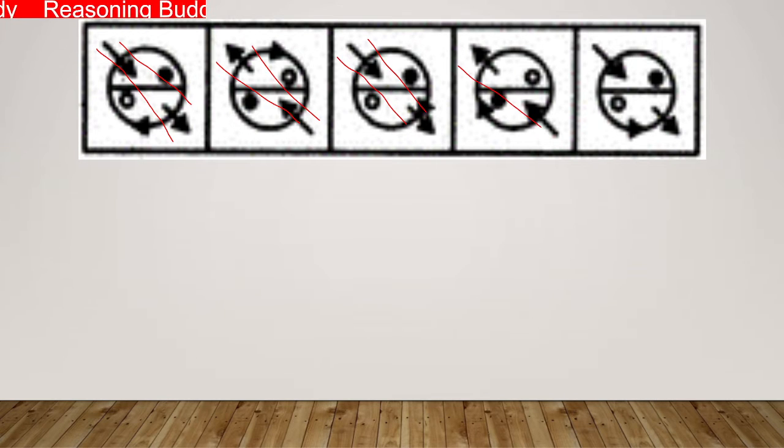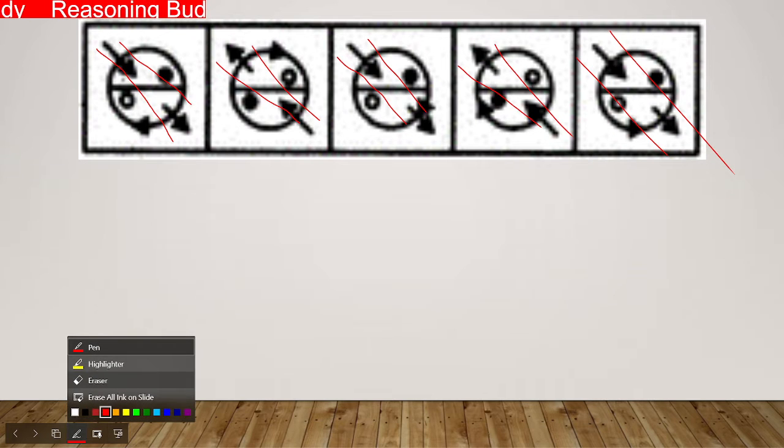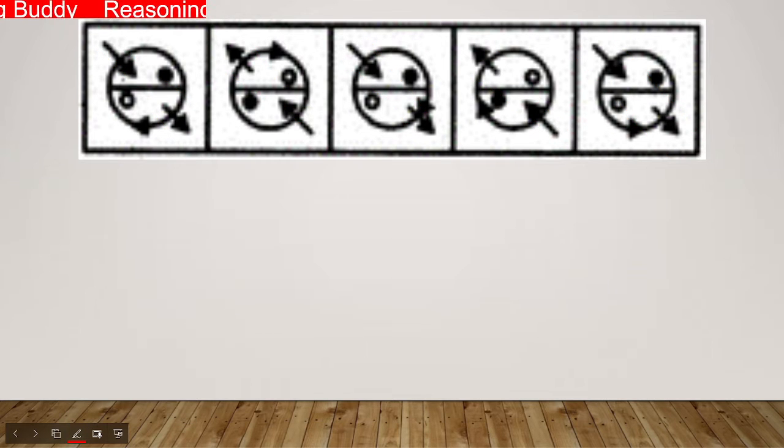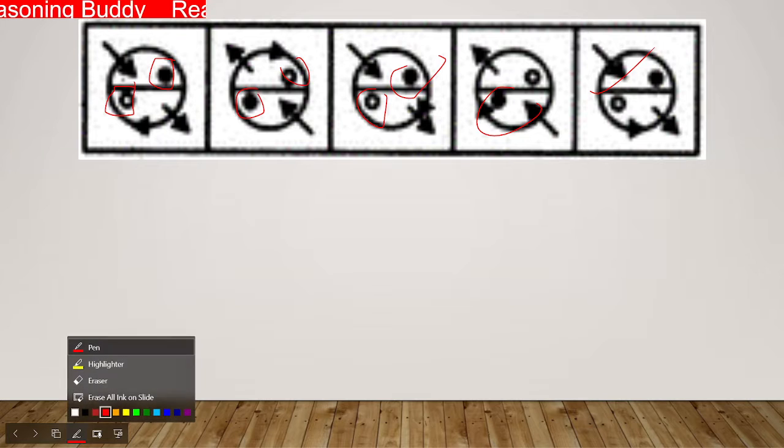From this we can see the arrow is not different in the figures. Next we will compare the circle and dot. One circle, one dot, in each figure. So the circle is also not different.